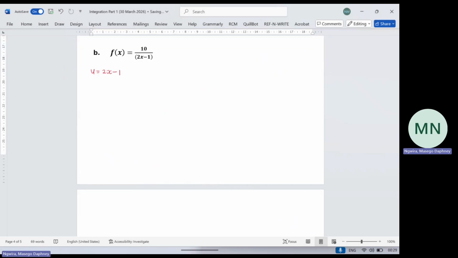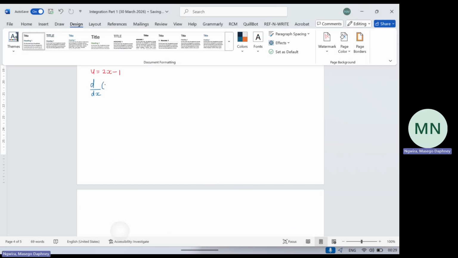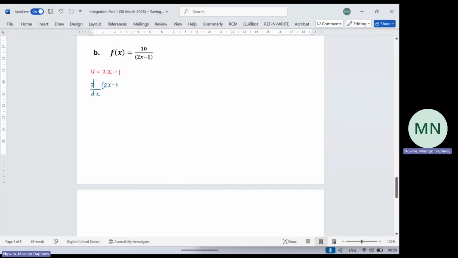And then I'm just going to make it very, very fast. So this one we are going to differentiate. So when you differentiate, we're just going to say the derivative with respect to x of 2x minus 1.